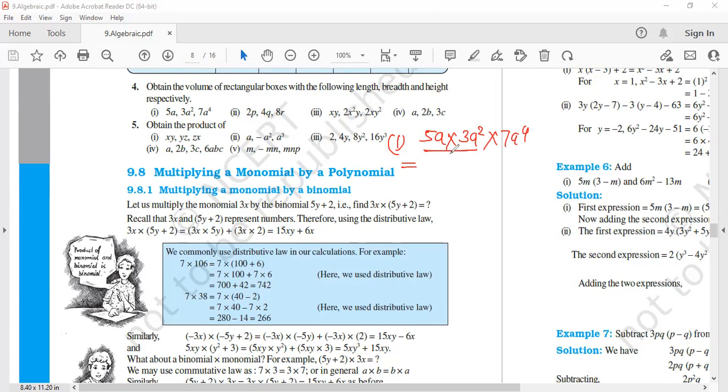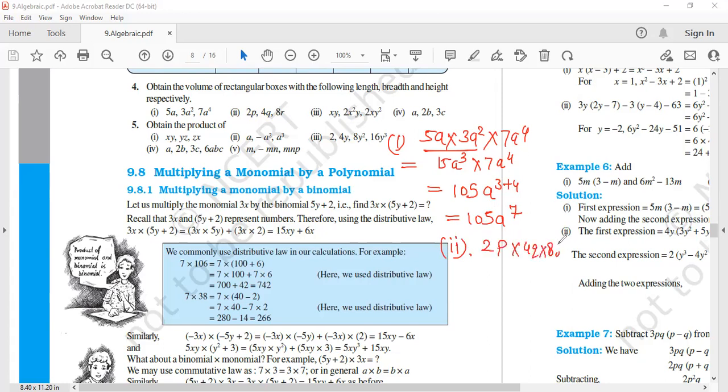If you are able to do the direct multiplication, you can do that. But the first question I will try to solve with multiplication in pairs. So 5 threes are 15, a raised to power 1 and 2 gives you 3, and 7a raised to power 4. Now 15 sevens are 105, a raised to power 3 plus 4. So it will give you 105a raised to power 7.